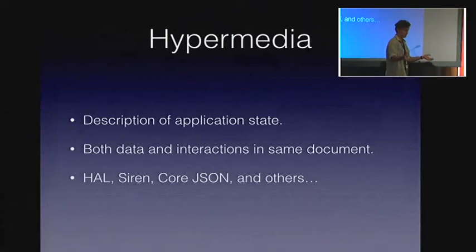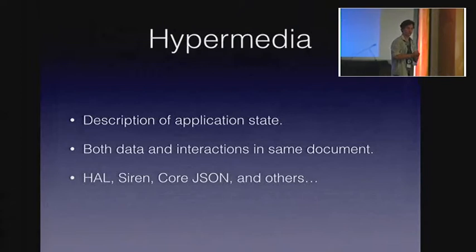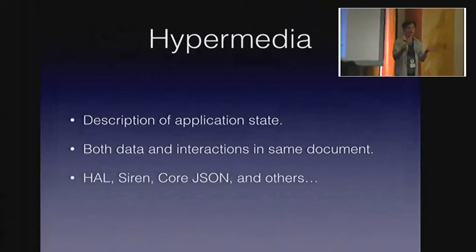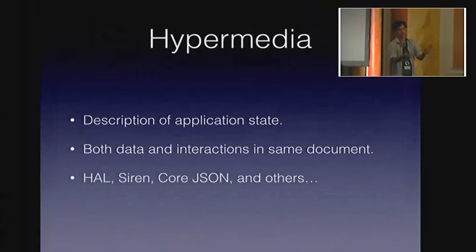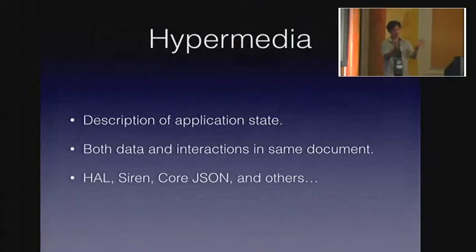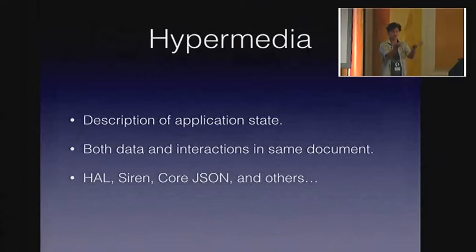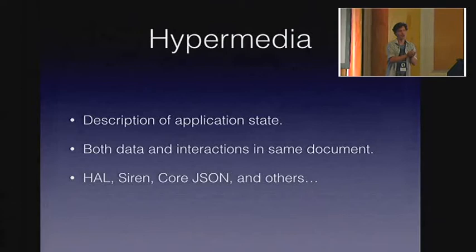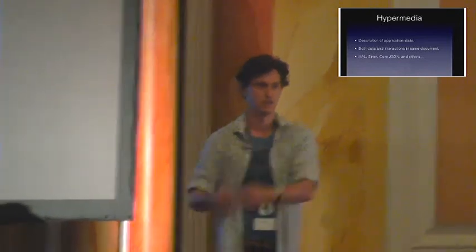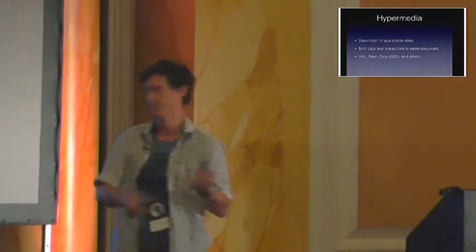Hypermedia instead represents all of the data that is available at a given point to a user and all of the interactions that are available to the user in a single document, and each traversal, each interaction, returns a new document that can be interacted with.